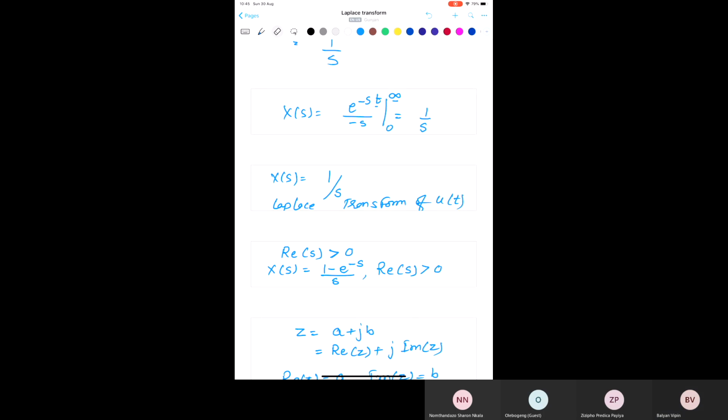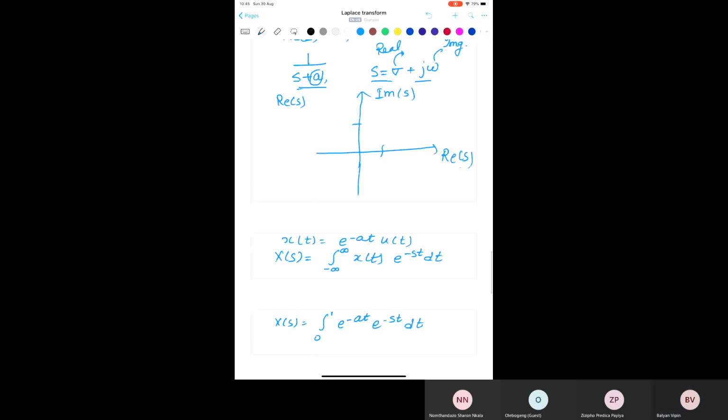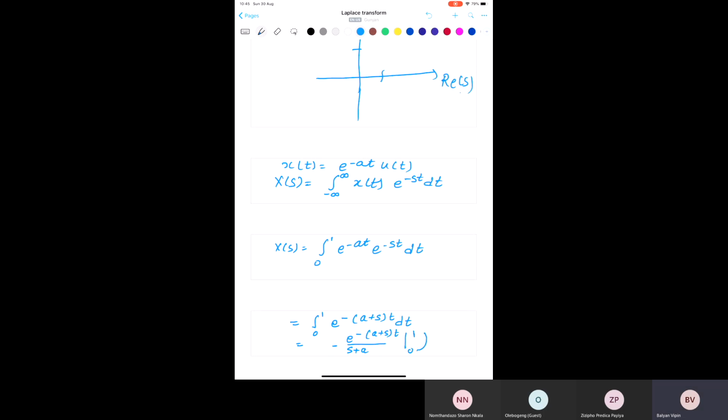Again here, the rule will be the same because we have s here. So it will be 1 upon s. The rule remains the same, but the only difference is that the factor here stays 1 over s. When you are finding it, you just need to alter it in a small way: the limits are 0 to infinity.